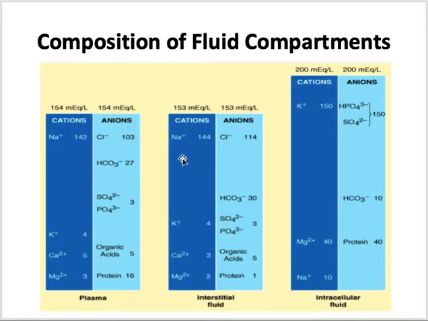whenever we give any patient resuscitation or fluids, of course we are going to put it in this compartment, right? After the fluid is in this compartment, it is going to redistribute. Remember plasma communicates with different body tissues with the help of capillaries.